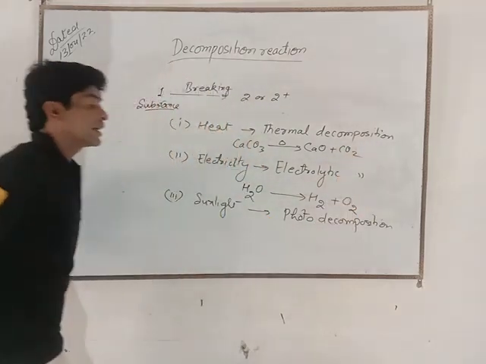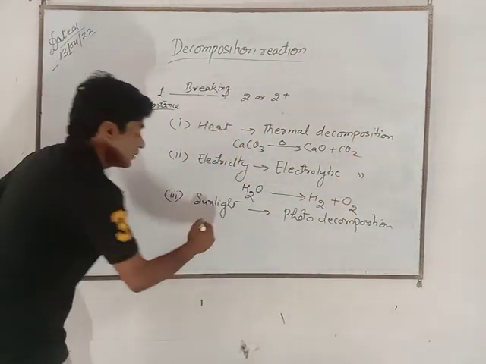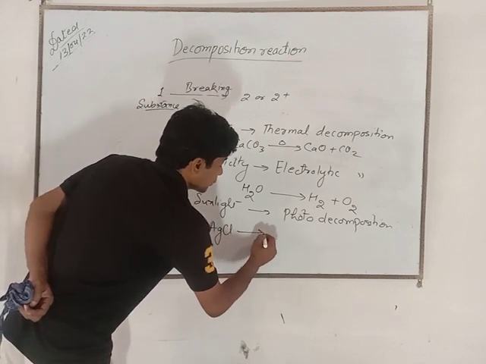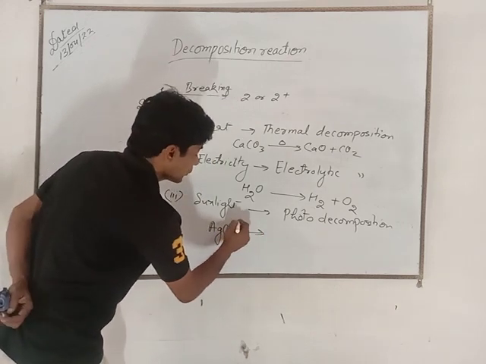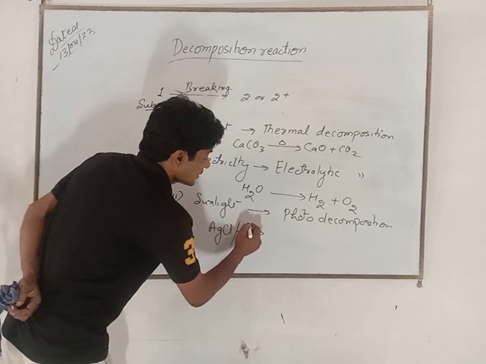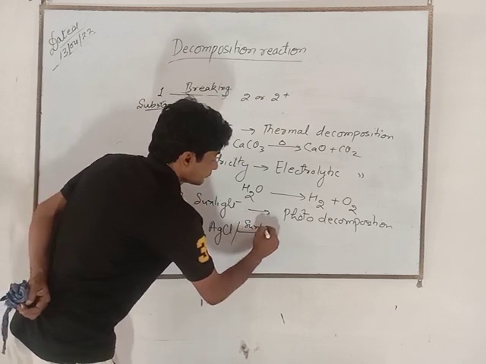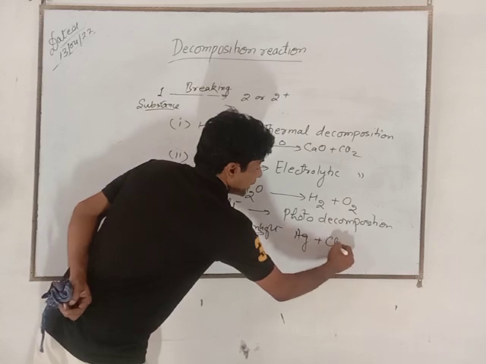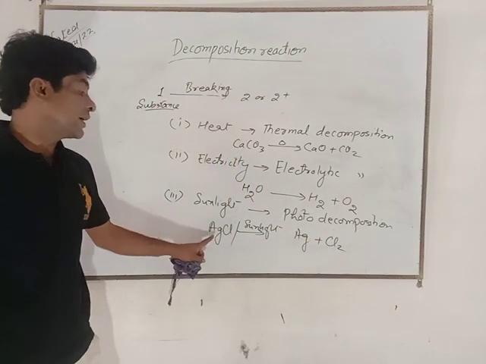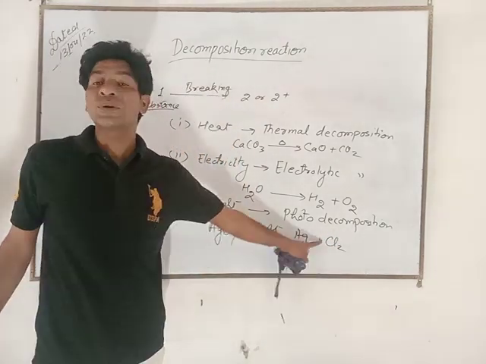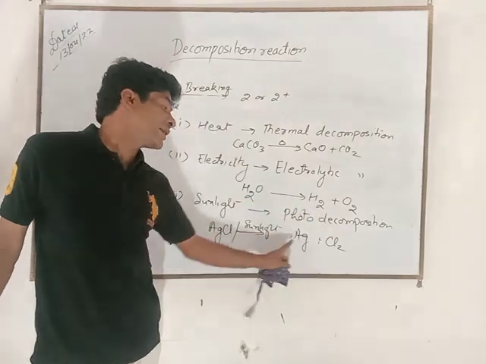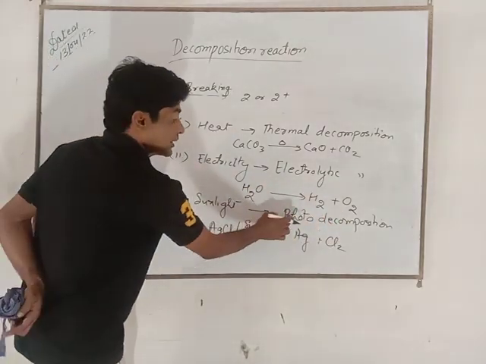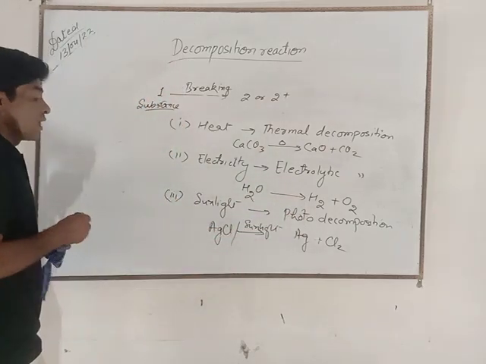In photodecomposition, best example: suppose silver chloride or bromide, in presence of sunlight, changes into silver and chlorine. Then you are seeing one substance changes into two or two plus products. This type of decomposition is known as photodecomposition.